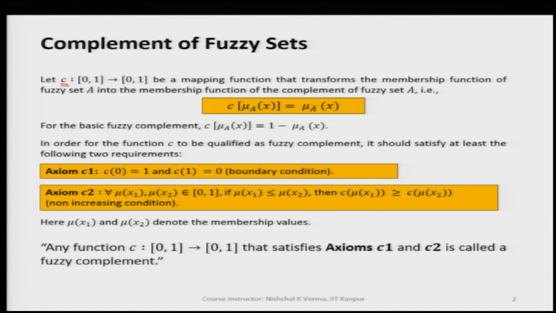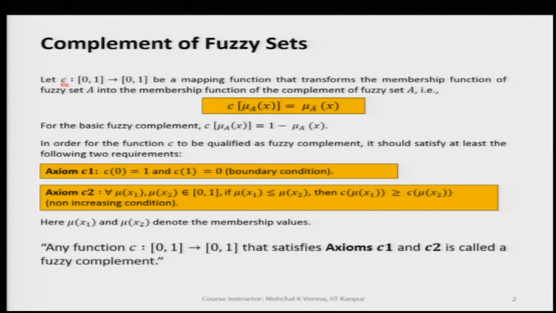So, we can say let C, which is a complement operator, be such that the interval 0 to 1 returns us a value between 0 and 1.